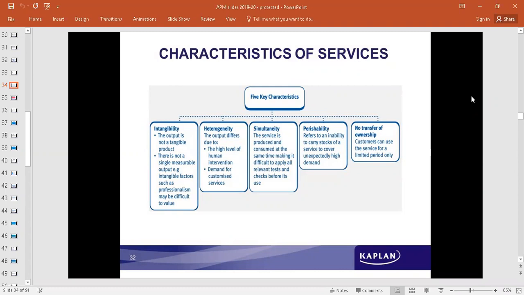As it is being provided, it has to be consumed. It cannot be carried forward to the next period because of its perishable nature. If there is a transportation, there is a bus carrying passengers as on, let's say today. Today's date is 2nd July. If there is a service provided as on 2nd July, as the service is being provided, it has to be consumed simultaneously.